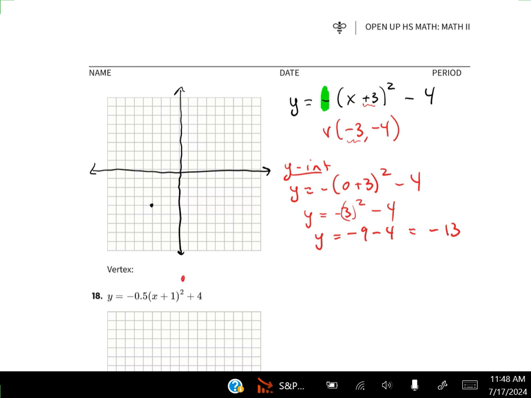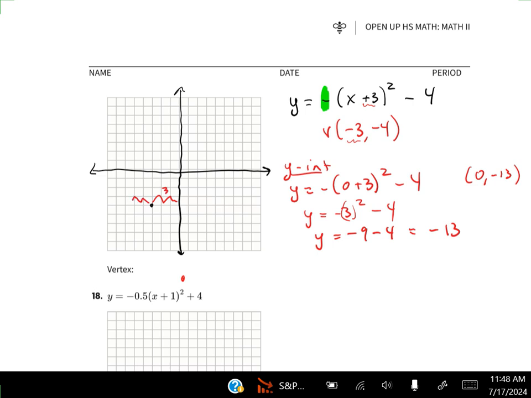So I'm just going to sketch it in down here. Our y-intercept is at 0, -13. Now there's going to be a point symmetric to this point, and that symmetric point is going to be on the opposite side of the vertex and at the same y value. So see how this distance here is 3?